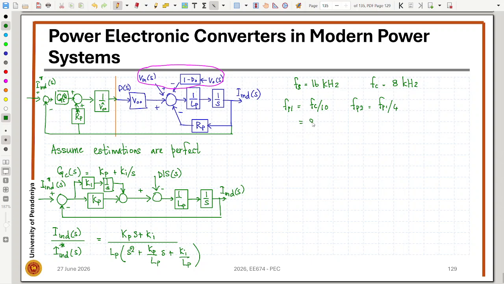So this is going to be 800 hertz and this is going to be 200 hertz. Now similar to the earlier case, we will get Kp as Lp times (p1 plus p2) and Ki as Lp times p1 times p2, assuming the pole placement.